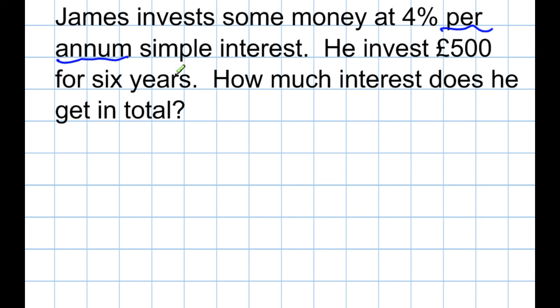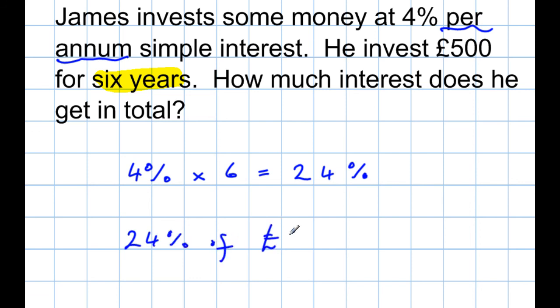He invests it for 6 years. So he's going to get 4% for each year, so it's times 6. He's going to get 24% interest. So all we have to do here is work out what is 24% of his investment. What is 24% of 500? So you write 24% of £500, and you thank your lucky stars it comes up in the calculator paper.